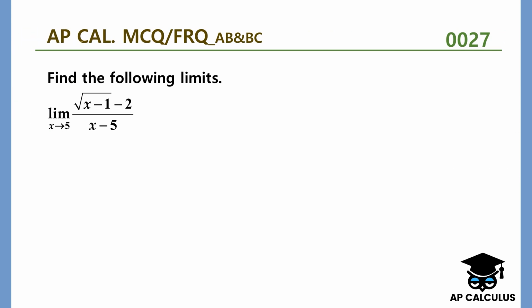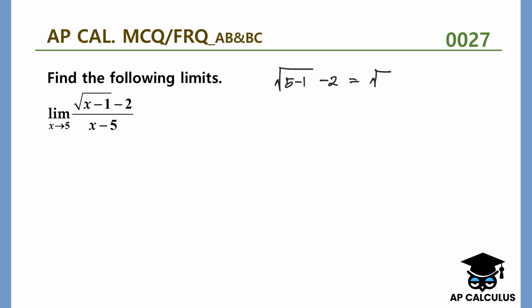Question 27. Here we have the limit as x approaches 5 of square root of x minus 1, minus 2, over x minus 5. First thing we have to do is substitute 5 for x. Numerator: square root of 5 minus 1 minus 2.